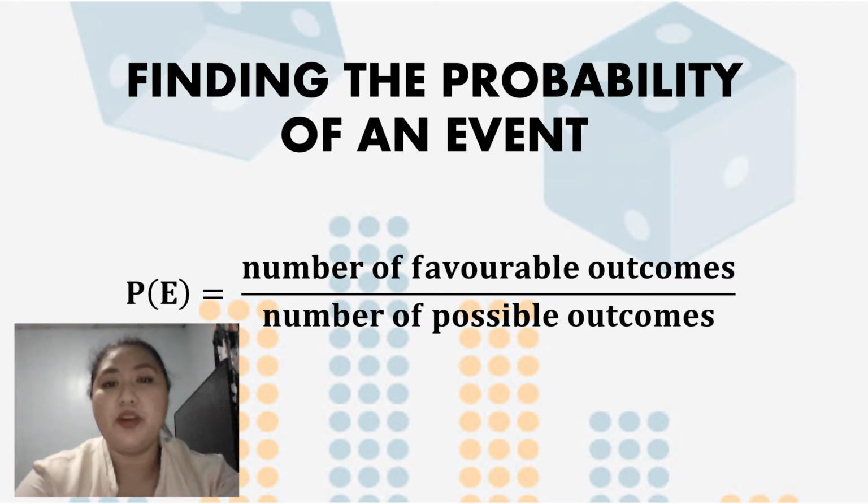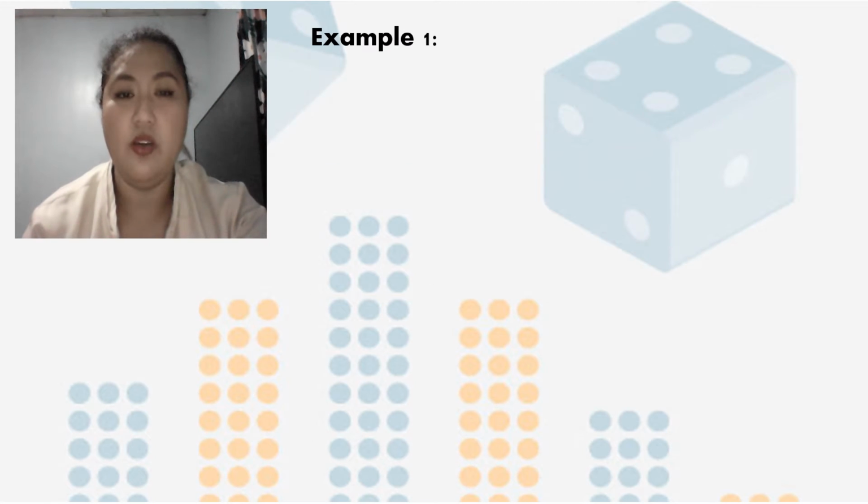And class, remember, probability can be expressed in a fraction, a decimal, or in percent form. Okay, so later on, with our examples, makikita po natin lahat ng yan. Okay, so let us now have example 1.